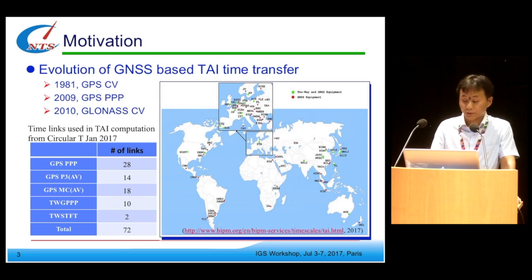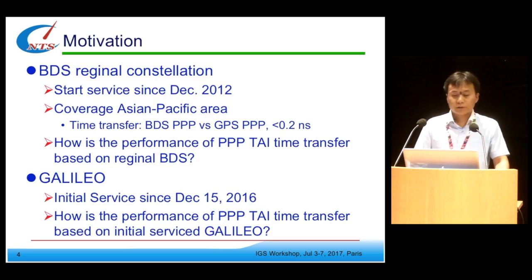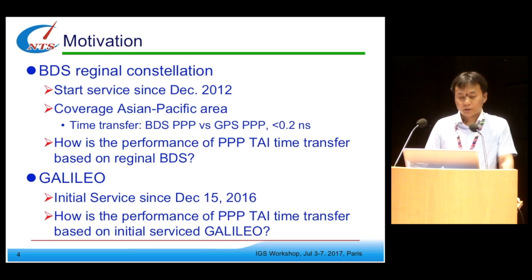So PPP technique plays an important role in TAI computation. In theory, we know the multi-GNSS constellation could improve the precision, accuracy, and reliability of TAI computation.